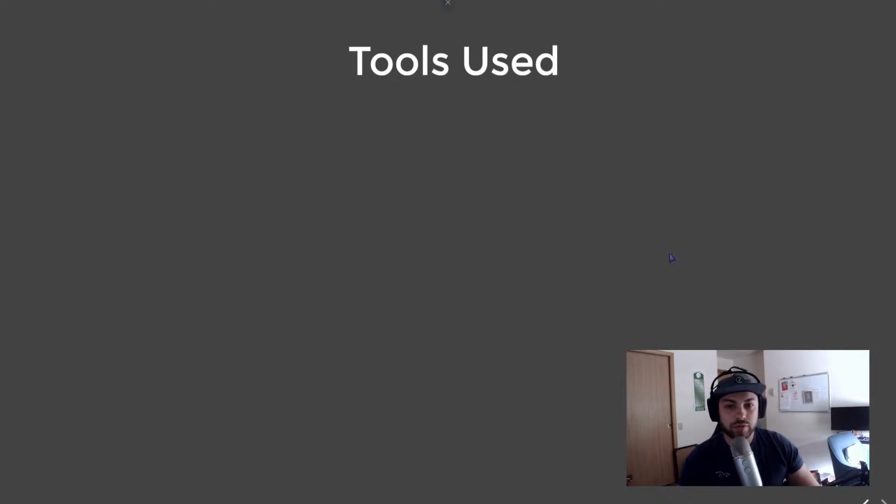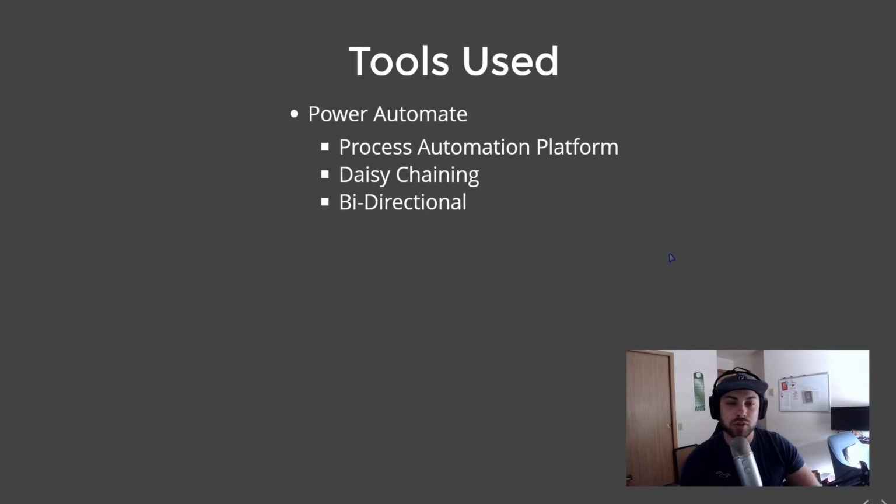So the first tool that was used is Power Automate, and why we use Power Automate is because it's a process automation platform. It's really good for daisy chaining. Daisy chaining is just a concept of bouncing in and out between processes.